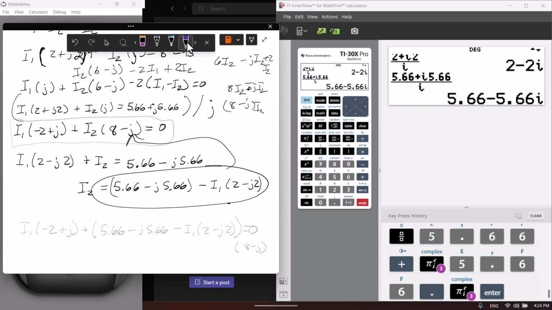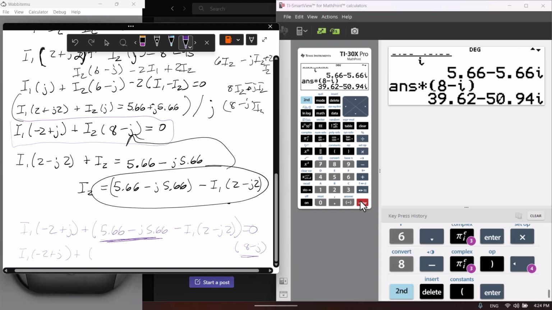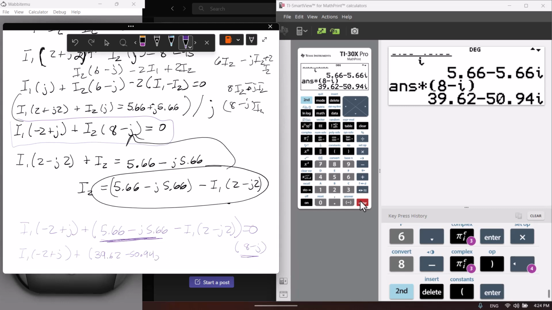So, solution gives, okay, I1 (minus 2 plus j) plus, I'm going to multiply this times (8 minus j), in parentheses. 39.62 minus 50.94j, minus I1.